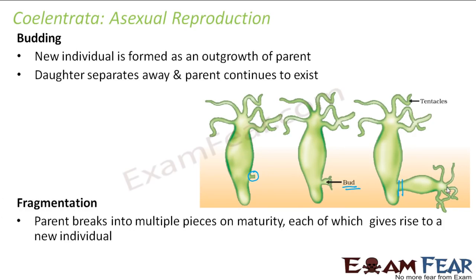That is, the parent breaks into multiple pieces on maturity, each of which gives rise to a new individual. You can remember the term with the help of fragment. Fragment means pieces, so the parent will get divided into fragments, and each fragment will give rise to a new organism. These are some of the methods of asexual reproduction in Coelenterata.